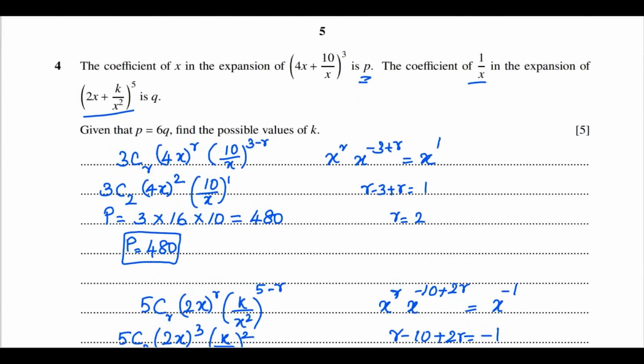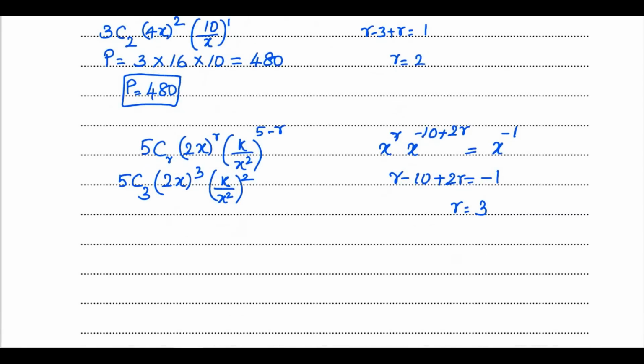So it's given the coefficient of 1 over x in this expansion is q. So q is equal to 10 multiplied by 2 cube is 8 multiplied by k square. So 80 k square.